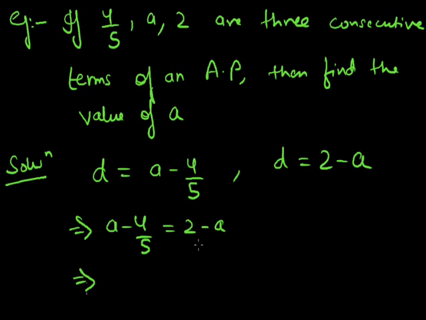Now when we solve it, take this negative a to the other side of the equation. So it will become a plus a is equal to 2 plus 4 by 5. So we get 2a is equal to 2 plus 4 by 5.